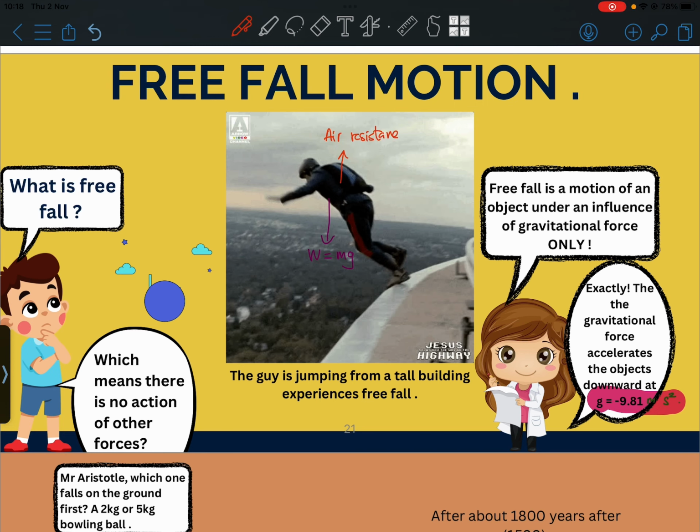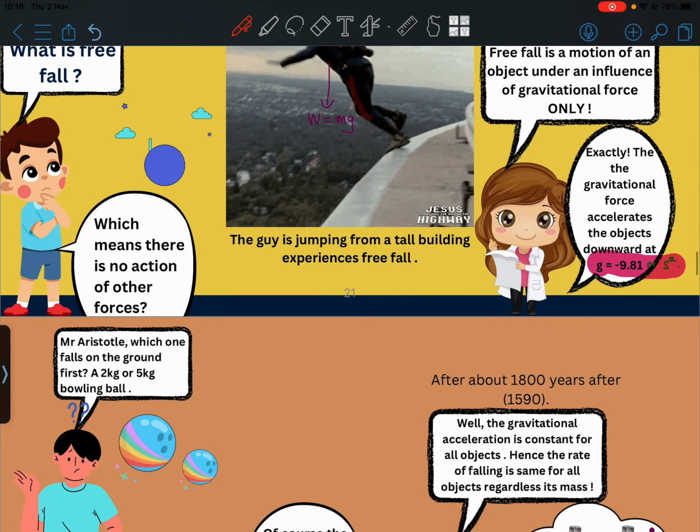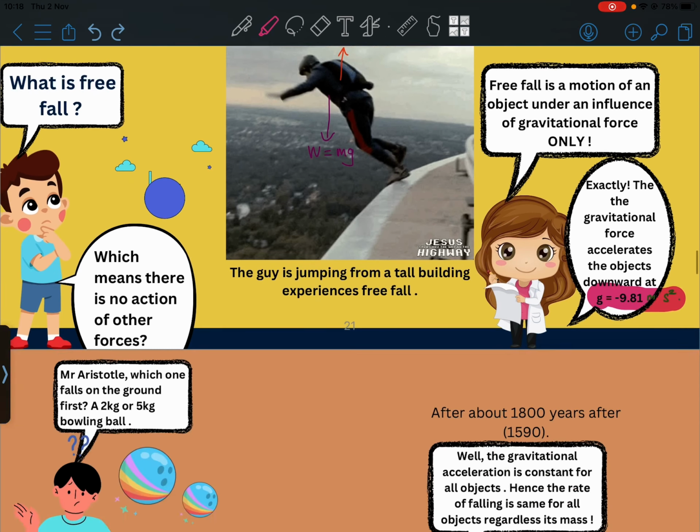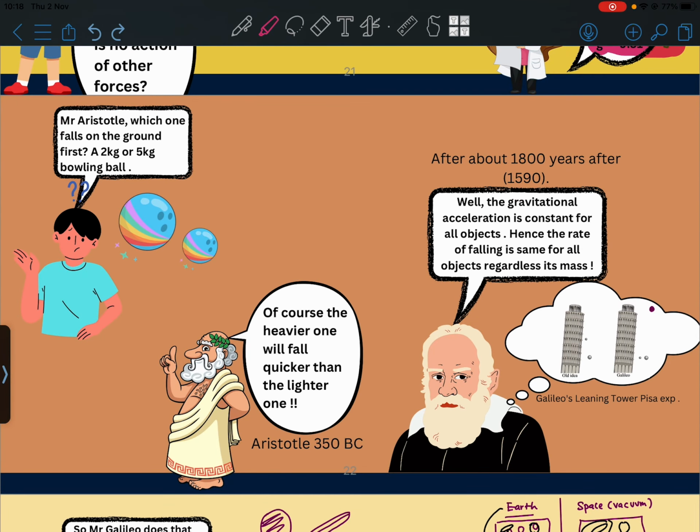So this air resistance will slow this guy down as he falls from the tall building. But if you are in a vacuum, which means there are no air particles, this air resistance will not exist, because we have no air particles to resist the force of gravity due to the gravitational force.